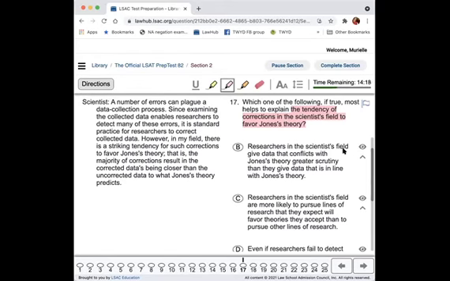Because it's like that outlier example, right? So if you have a trend line and you have a bunch of things that are very close to that trend line, but then you have a few outliers, you're more likely to double check the outliers.